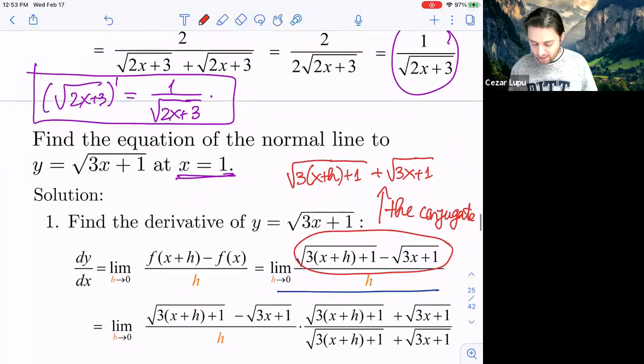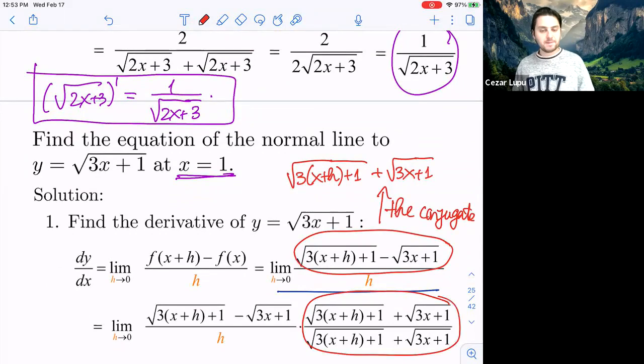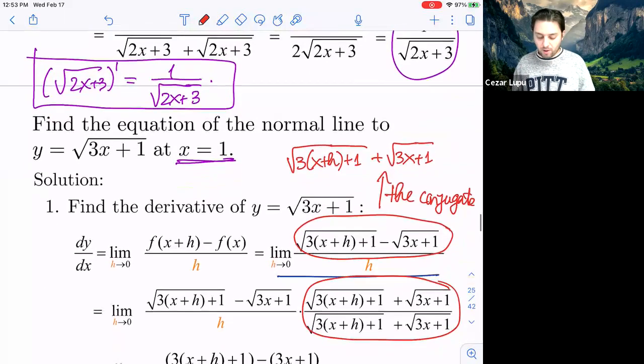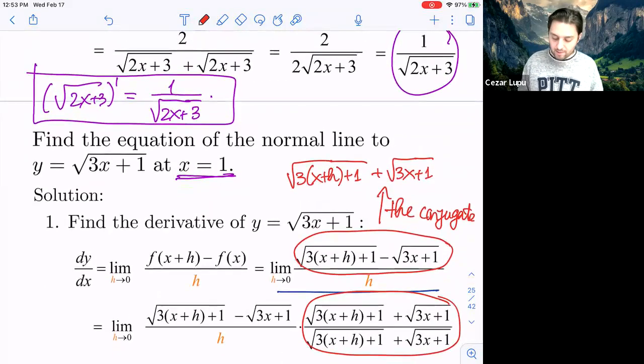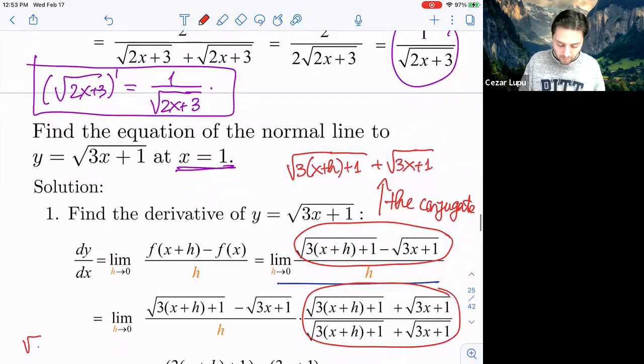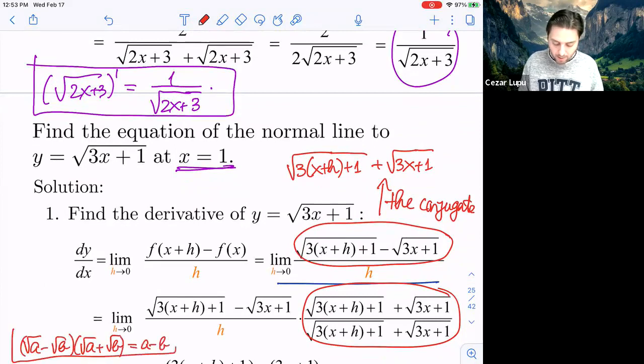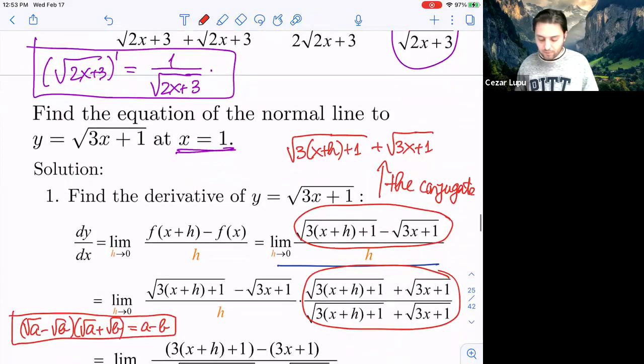You see it here on this side. Once we multiply, again we're using the same formula: square root of a minus square root of b times square root of a plus square root of b equals a minus b, right? We're going to end up at the top with this guy here.